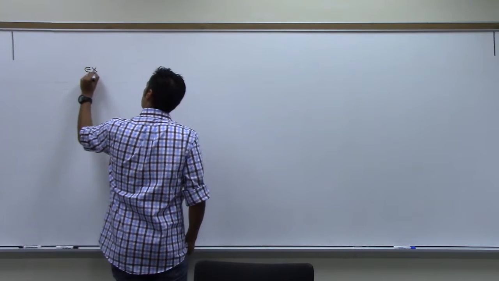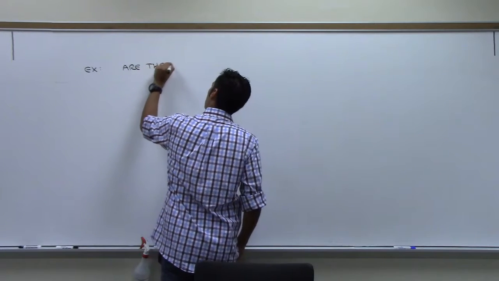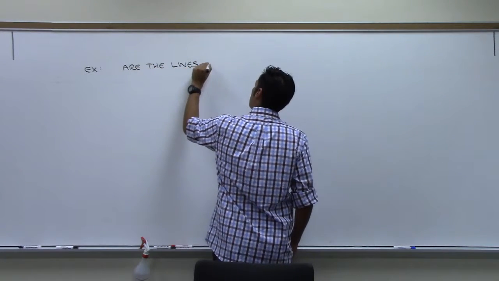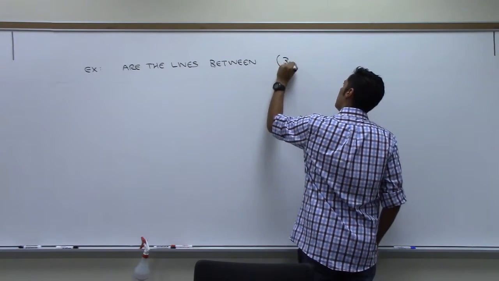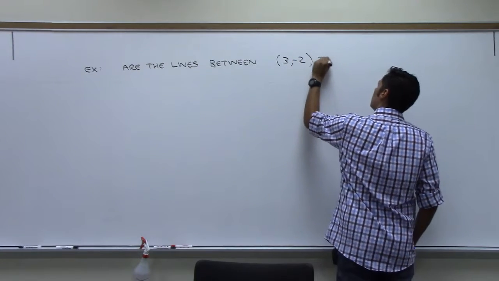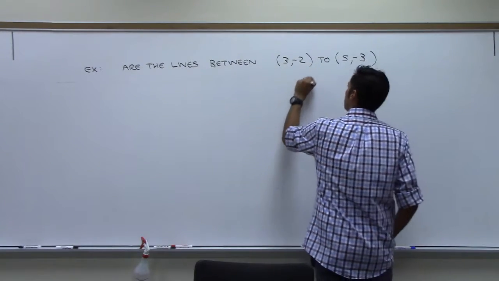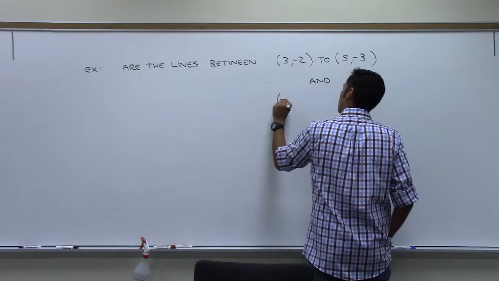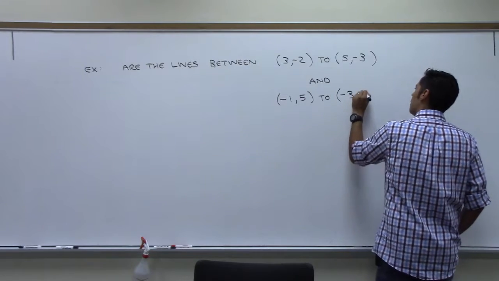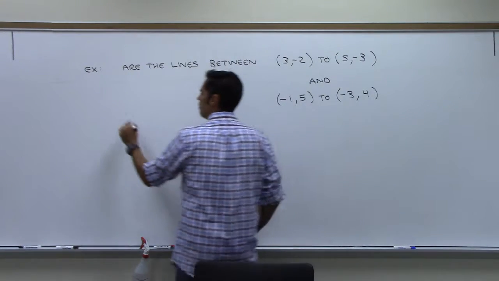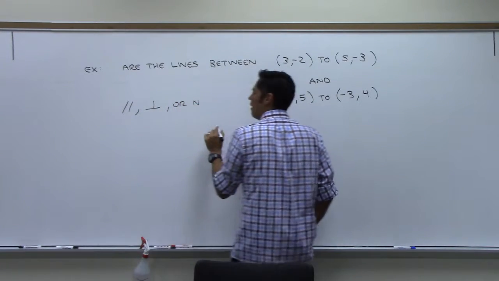As an example, are the lines between (3, -2) to (5, -3) and (-1, 5) to (-3, 4) parallel, perpendicular, or neither?